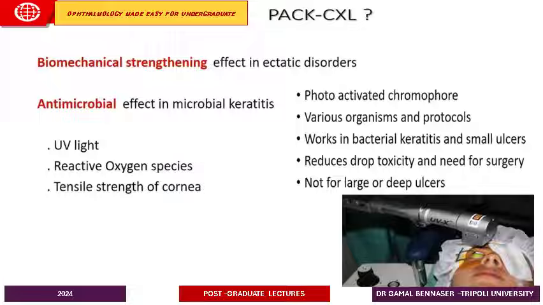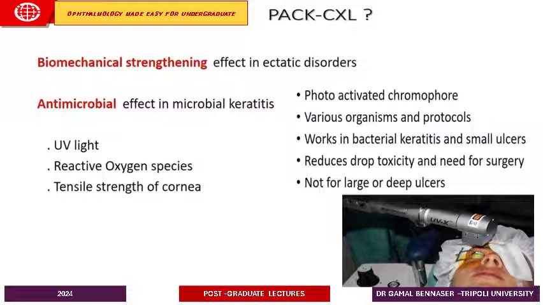The goal of CXL is to increase the degree of cross-linking between the lamellae of the outer stroma, and this will provide sufficient mechanical stability. So utilizing riboflavin along with ultraviolet A significantly increases the tensile strength and the biomechanical resistance to collagenases, either from the pathogen itself or from the host immune system itself.